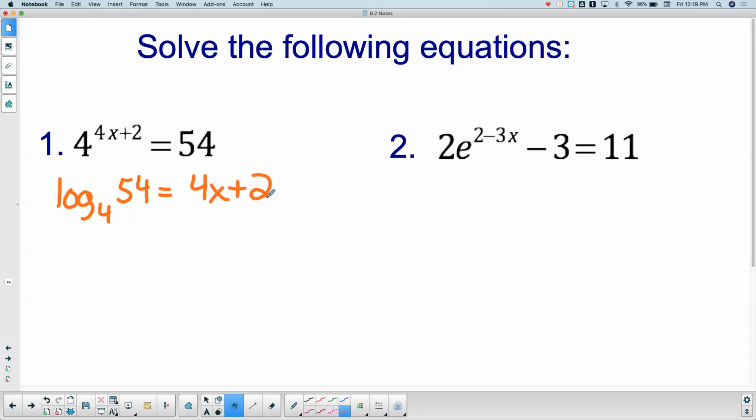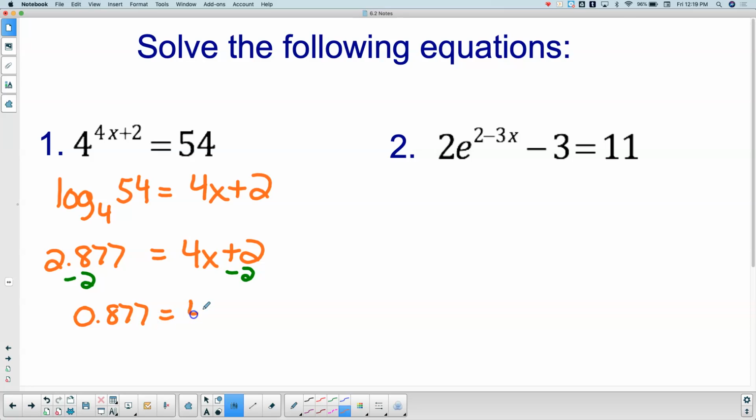What is log base 4 of 54? It's going to be something a little bit less than 3. I get 2.877 there. Then if I subtract 2, I get 0.877 there.